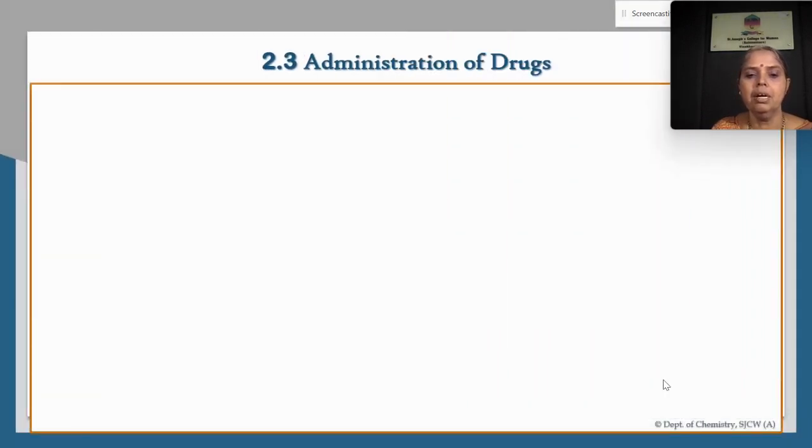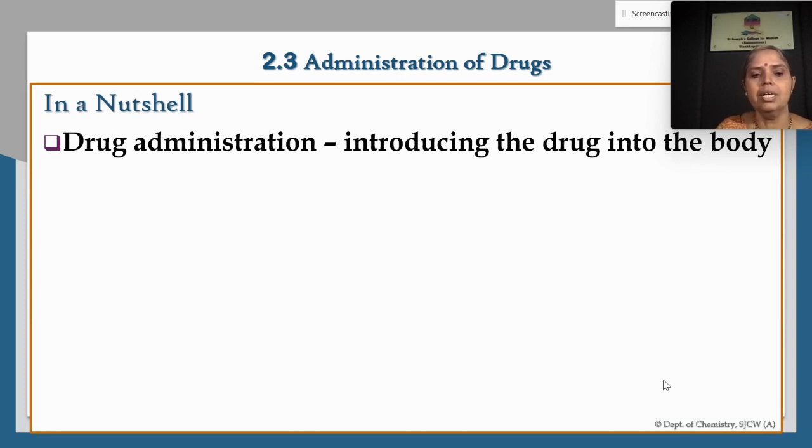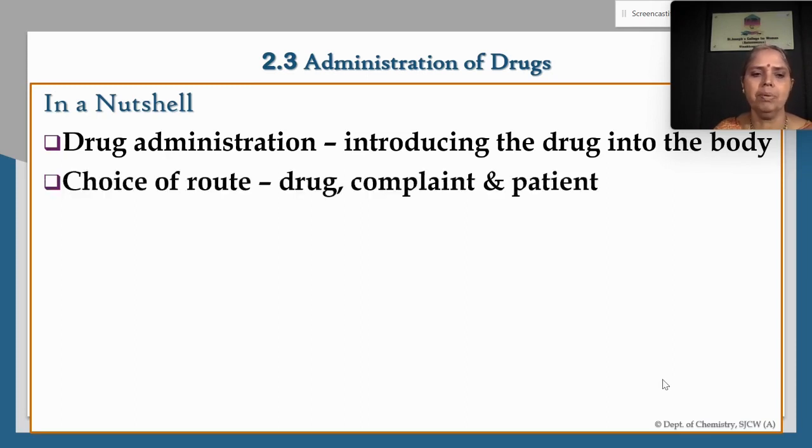So, finally, what have we learned in this chapter? In a nutshell, we have learned that drug administration basically means introducing the drug into the body of a person. Then we have seen choice of route depends on the properties of the drug, on the complaint, like where it has to act, and also on the condition of the patient. So choice of route is controlled by drug factors, aspects related to the complaint, as well as the patient.